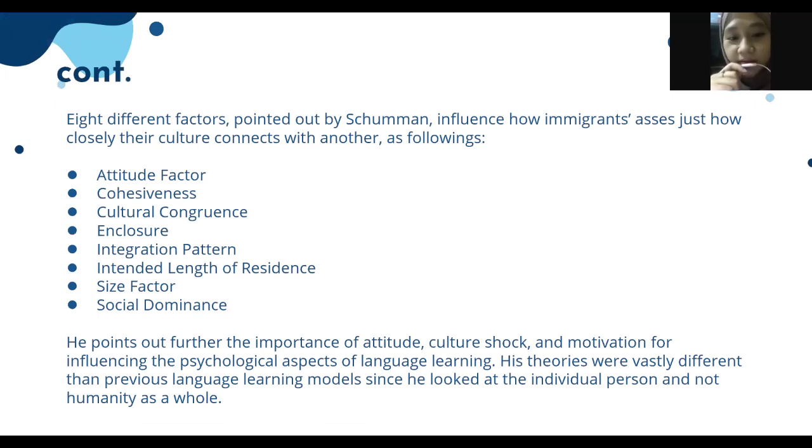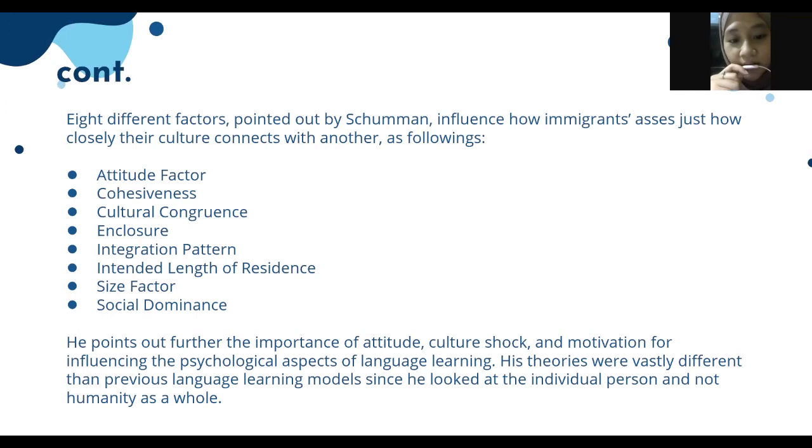Eight different factors, points out Schumann, influence how immigrants assess just how closely their culture connects with another. They are the following: attitude factor, cohesiveness, cultural congruence, enclosure, integration patterns, intended length of residence, size factor, and social dominance.